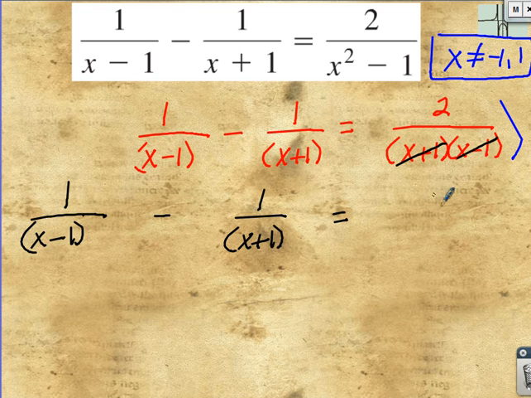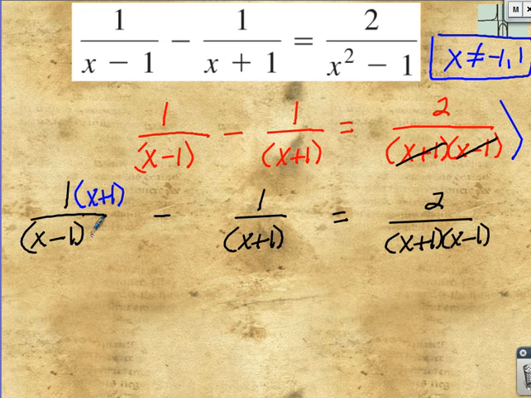And I'm leaving space so that I can multiply. Okay. Common denominator is this stuff. Let's change all three bottoms to where they're the same. Multiply top and bottom by x plus 1. This is your other method. Multiply top and bottom by x minus 1.